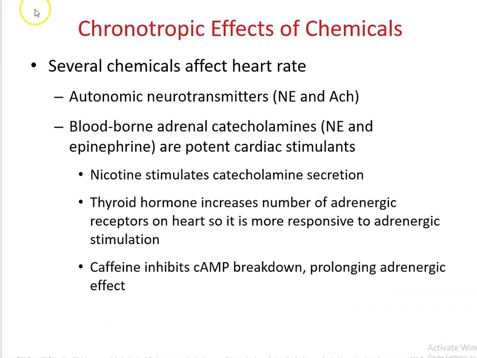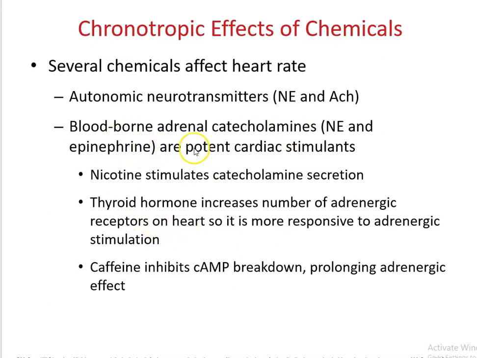In addition to sympathetic and parasympathetic nervous system regulation of the heart, there are other factors that also affect the heart rate. For example, some neurotransmitters such as norepinephrine and acetylcholine, and some catecholamines such as epinephrine.